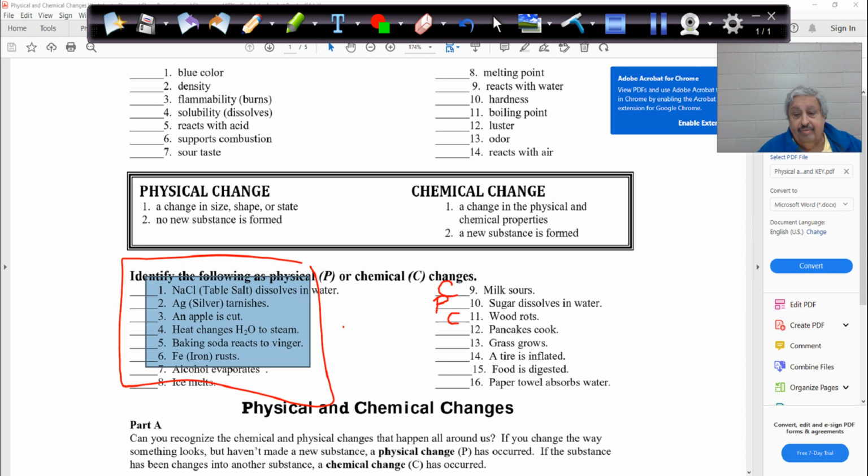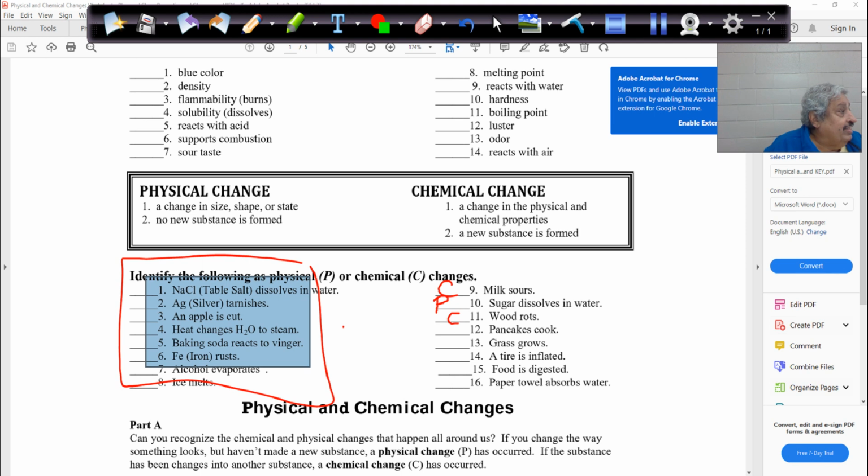Pancakes cook. Pancake cooks. You start with the dough, correct? Flour dough, and you add baking soda there, and then you have carbon dioxide to raise the dough. Now, when you start cooking, you put what? Fire there, correct? Then you instigate what? A chemical reaction.